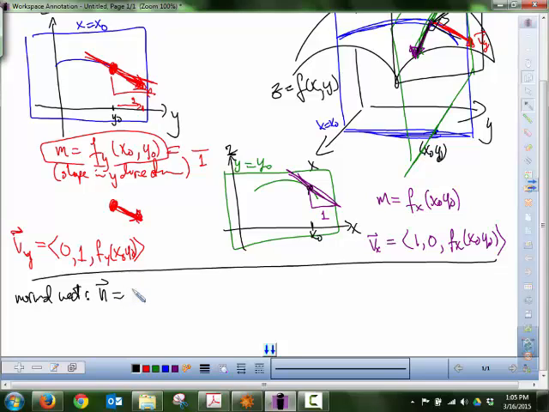Now, I suppose it doesn't really matter which one goes first. For now, let's put Vx first, and if we switch them, it's just going to be negative.